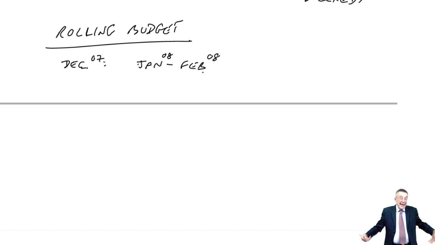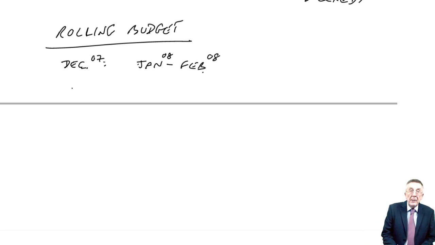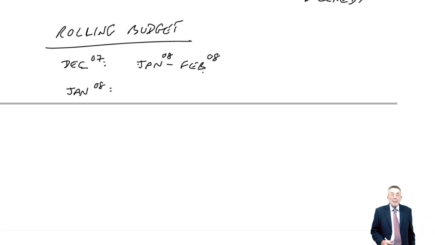And for most companies, that's then it. They may update it sometime during the year, but otherwise, next December, they'll do a budget for the following year. What we do with a rolling budget is we do a budget every month. So next month, January 2008, we again budget for the following year.